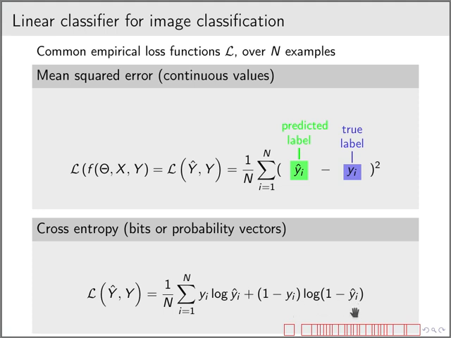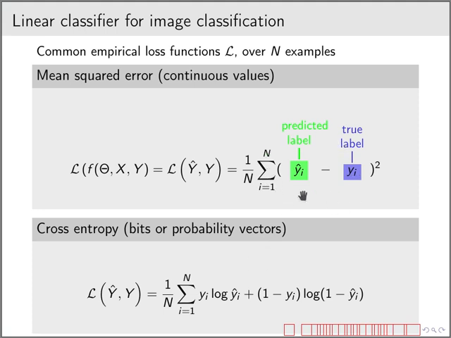Why is that? Because it depends, in this case, on whether we have a positive or a negative class. We're going to describe that better.